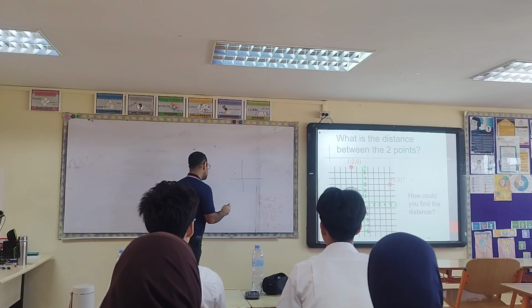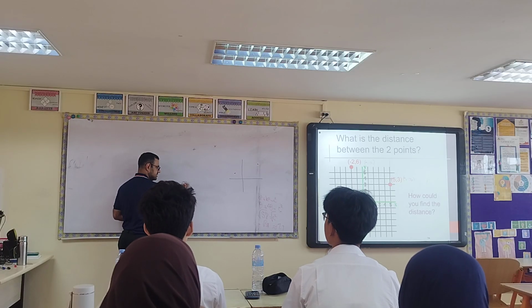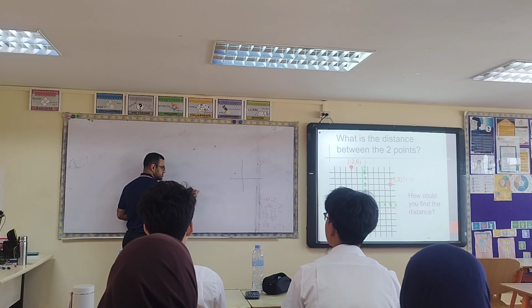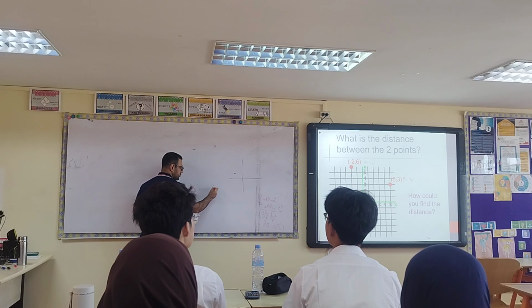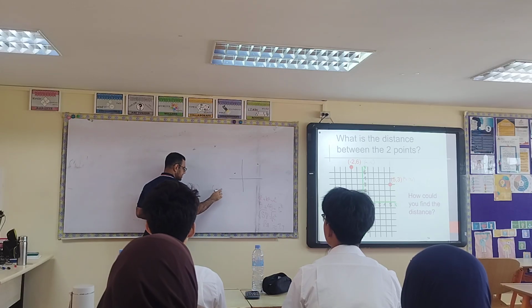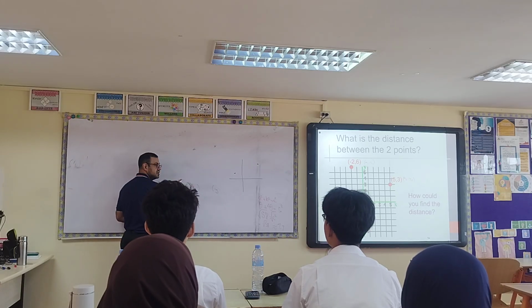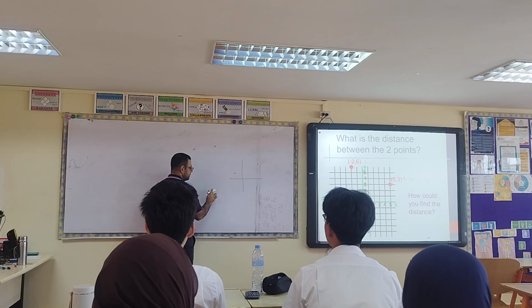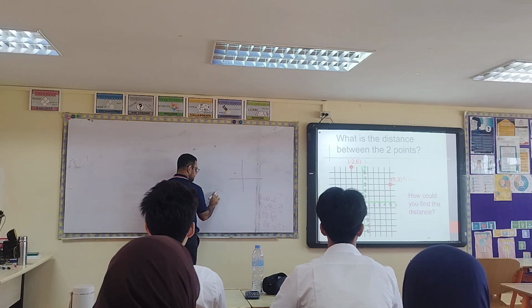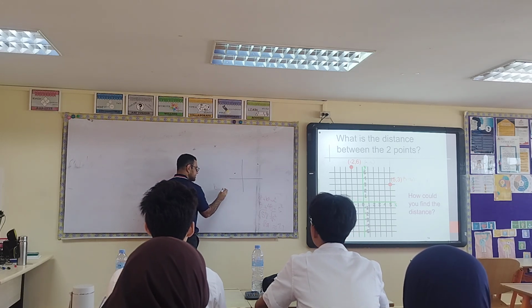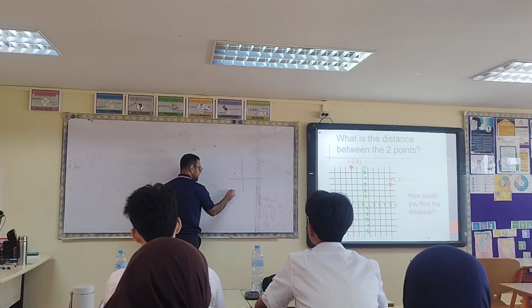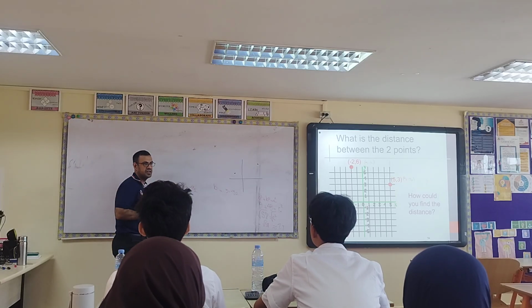So how to find the distance? A will be equal to x1 minus x2, and B here, because of Pythagoras, will be equal to y1 minus y2. Correct or not?